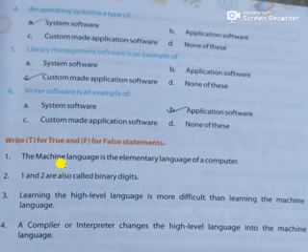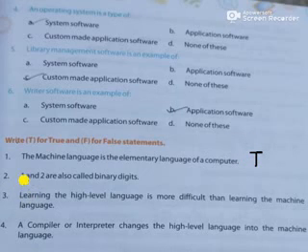The machine language is the elementary language of a computer. Machine language is an elementary language, that is true. So answer number 1 is true. So here you will write true.